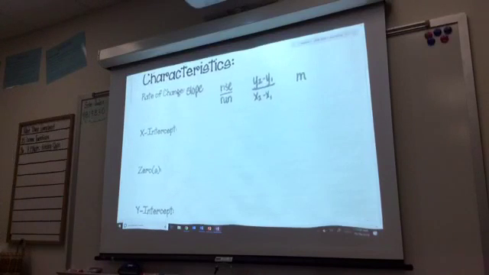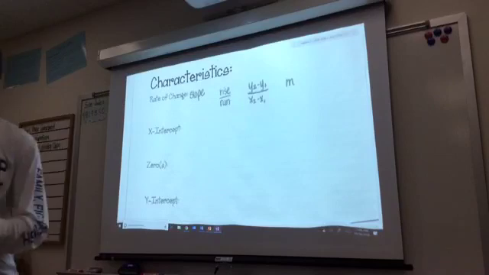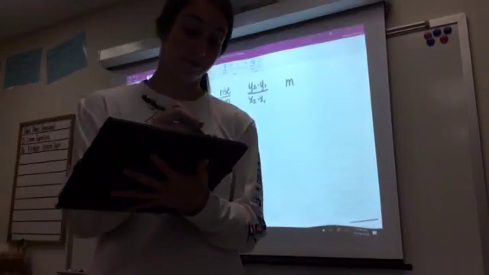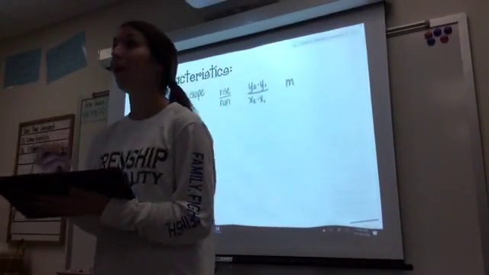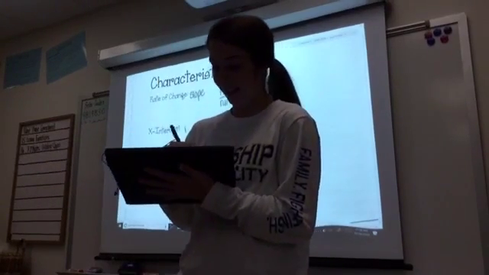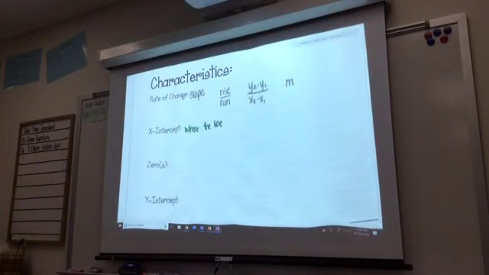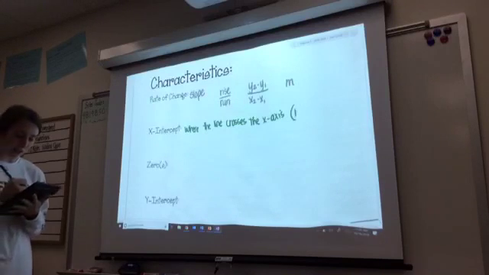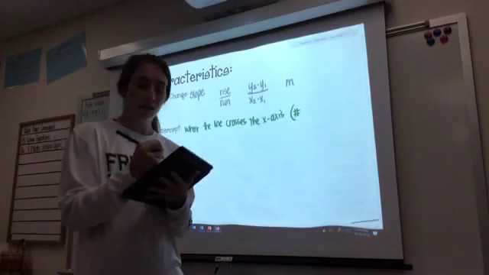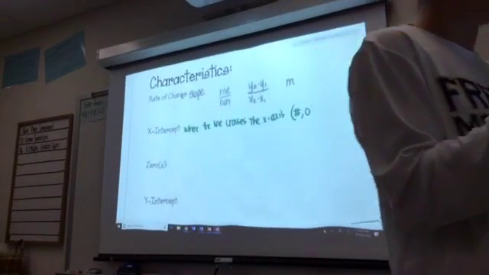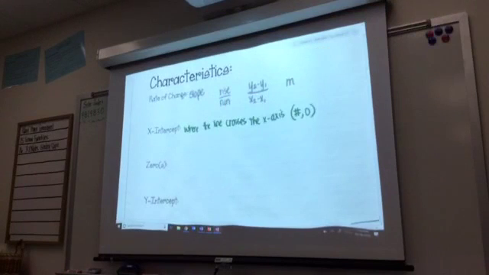Okay? Now, what do you think x-intercept stands for? Where the line crosses the x-axis. Okay? Now, when a line crosses just the x-axis, their ordered pair is going to have a number for your x. But what would your y be on the x-axis? 0. Okay?